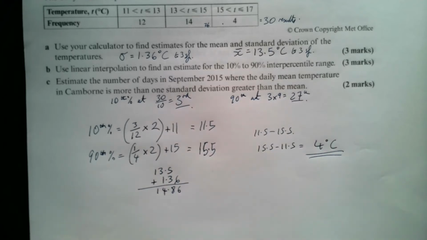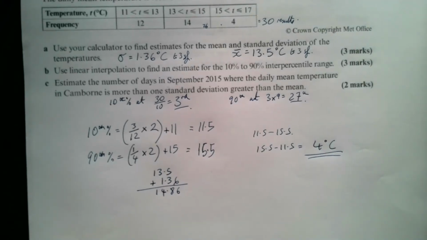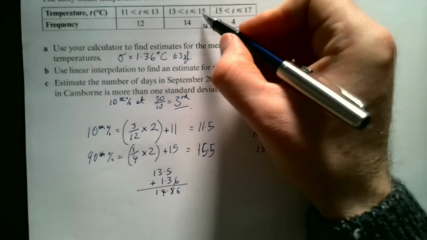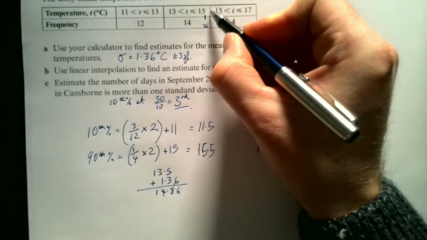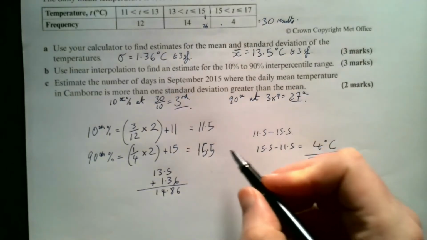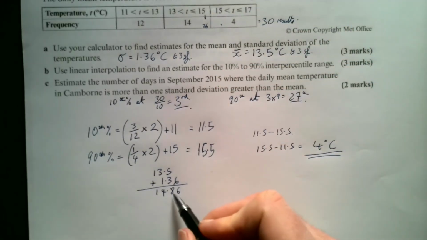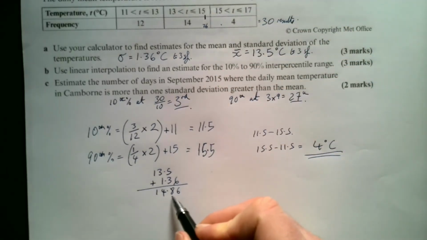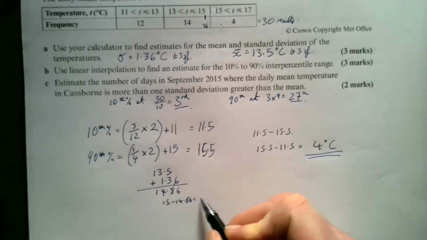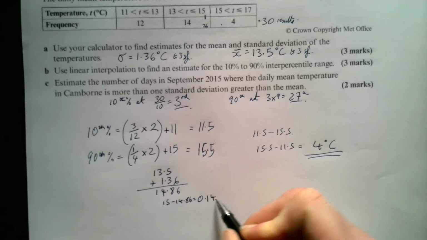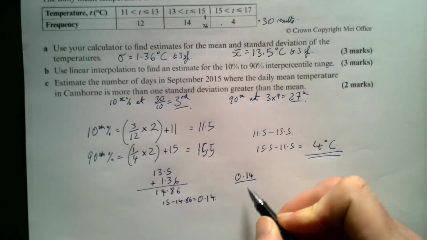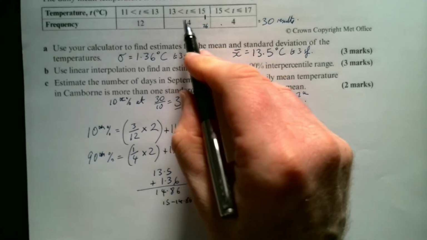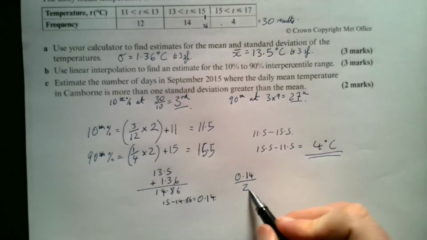So we're talking 14.86. We want to know how many days are above 14.86, which is going to be here, isn't it? Just before we get to the 15. So we're going to have just that tiny proportion there. What is it? 15 take 14.86 is 0.14. So we're talking 0.14 out of the whole width of 2 that you've got there.